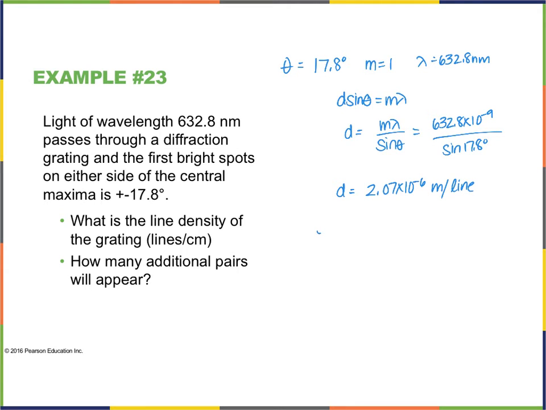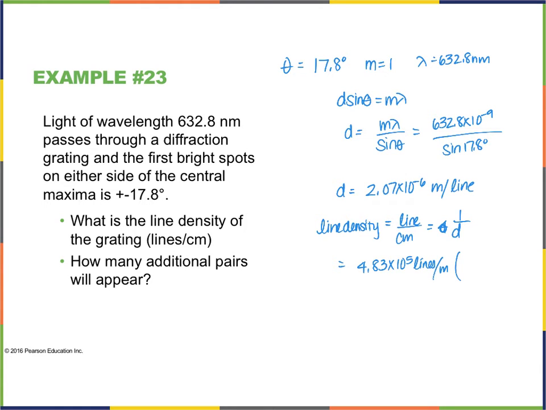If we want to know the line density, which is the lines per centimeter, first I could take the inverse of this, and I'd get 1 over d, which would be equal to 4.83 times 10 to the 5th lines per meter.